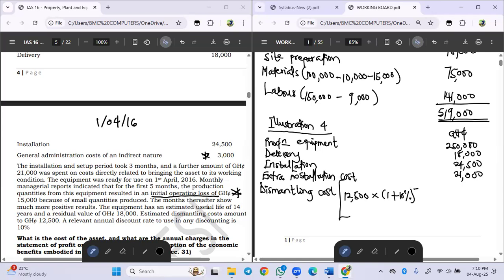They said that the useful life of the asset is what? 14. So this one, or you can do the one that is common. 1 plus 10% raised to the power 14. They will all give you the same answers. Okay.